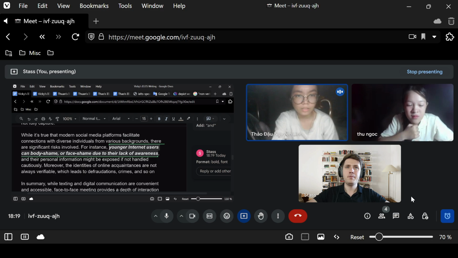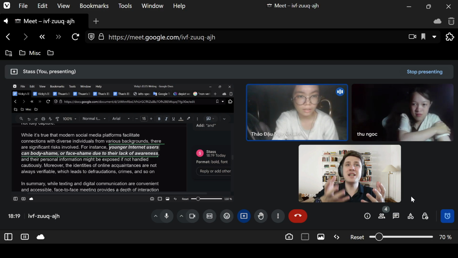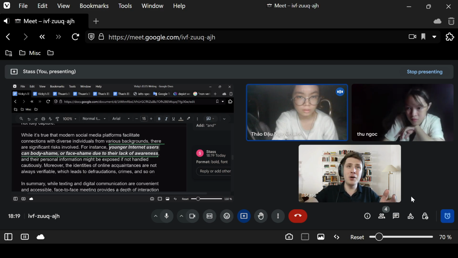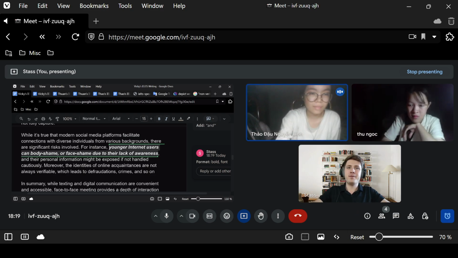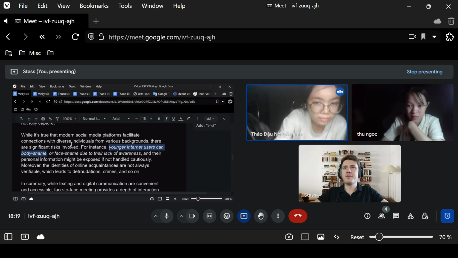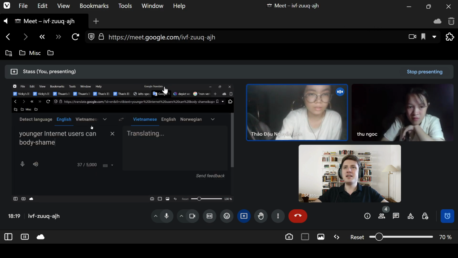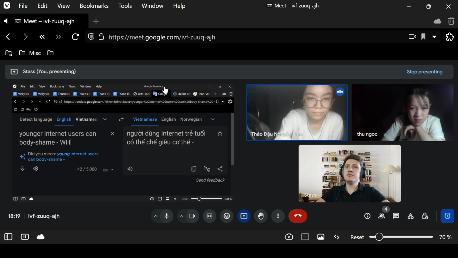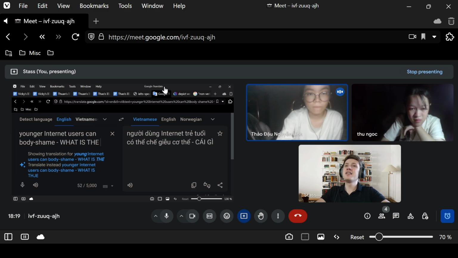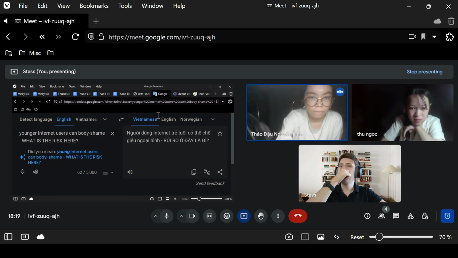Body shame and face shame is the noun. What is the risk? Is it a risk to body shame? What is the risk here? Well, look at this. Is the risk here?